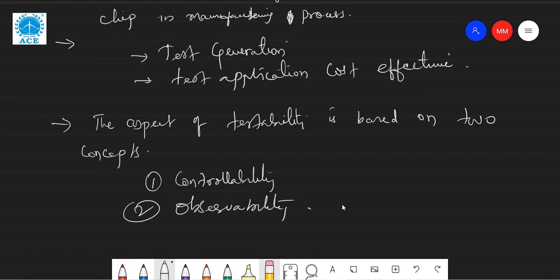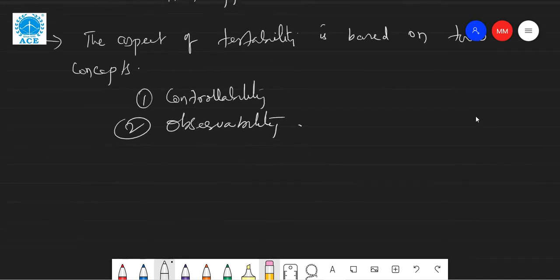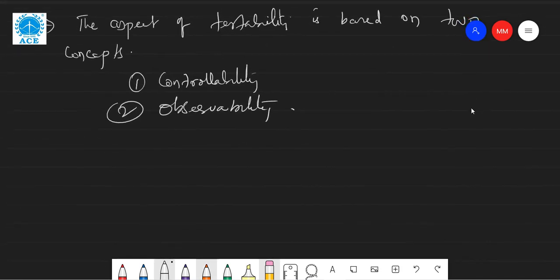Okay, so what do you mean by controllability and what do you mean by observability? Let us see. First one, controllability. The concept is I'm not discussing here at the circuit level, how to reset 0 to 1, 1 to 0. I'm just giving the concept here.